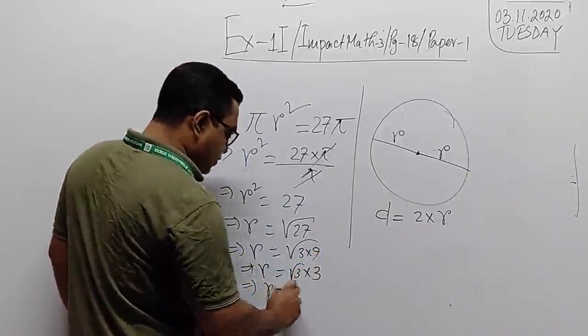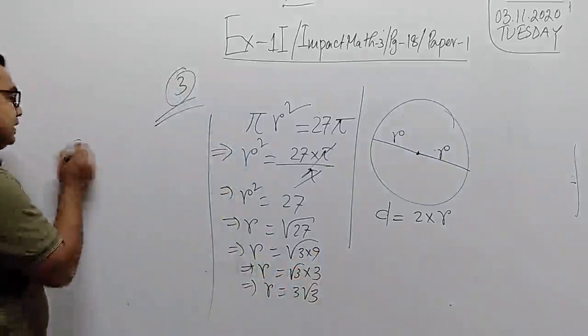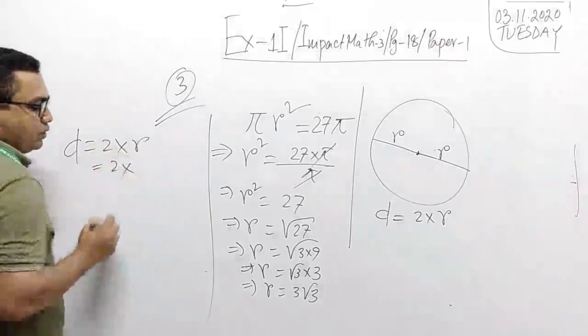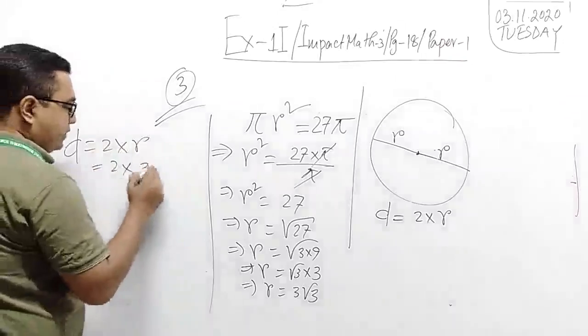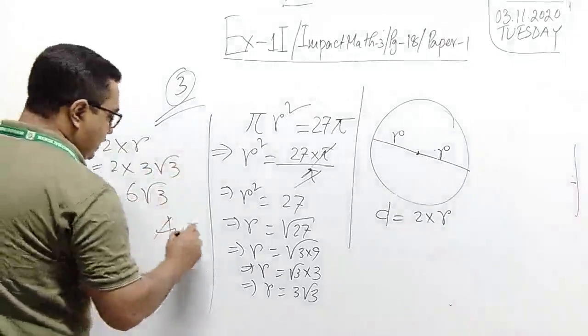So r is equal to 3 into square root of 3. Now the diameter is equal to 2 into r. So 2 into, for r, write 3 into square root of 3. So 6 into square root of 3. That is the diameter.